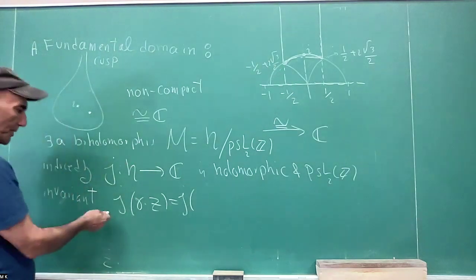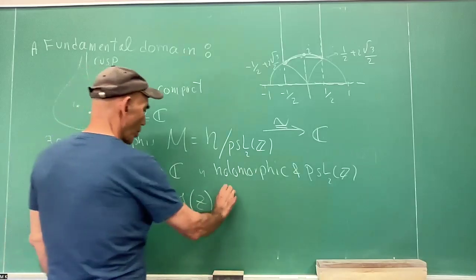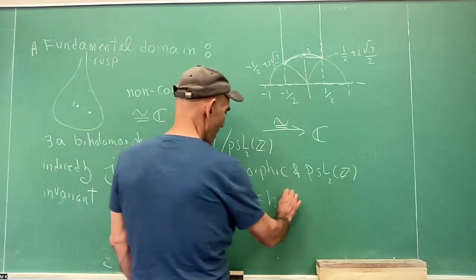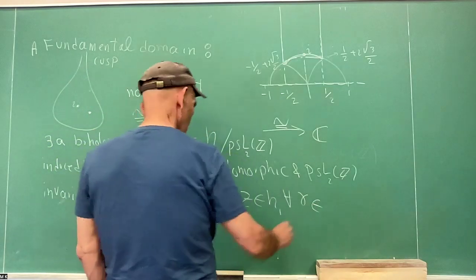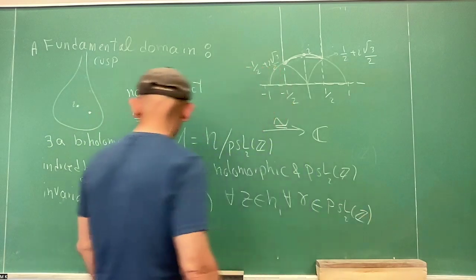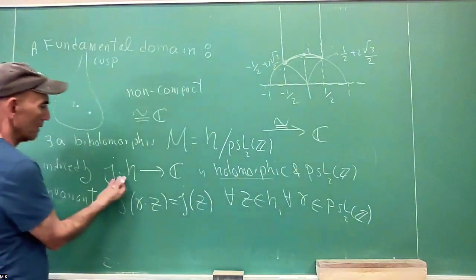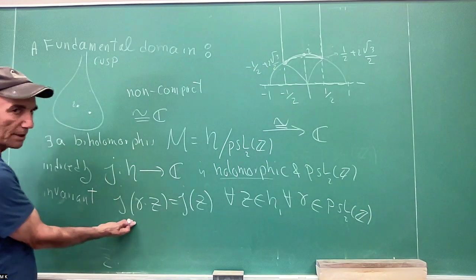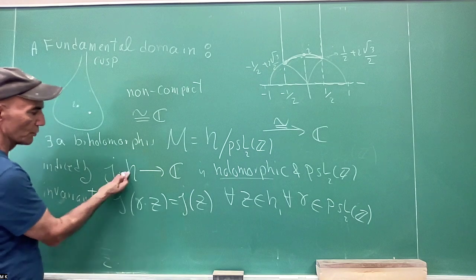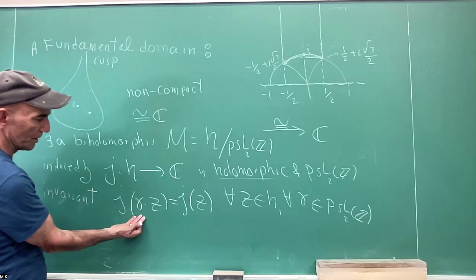There is on-the-nose periodicity, which is J of gamma z equal to J of z, for all z belonging to H, and for all gamma belonging to PSL2(Z). Because the existence of this map is exactly equivalent to the existence of this map, since these are the invariants. It goes to the quotient; something in the quotient comes from upstairs, which has to be invariant like that.